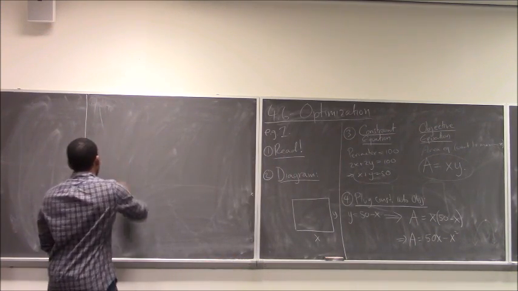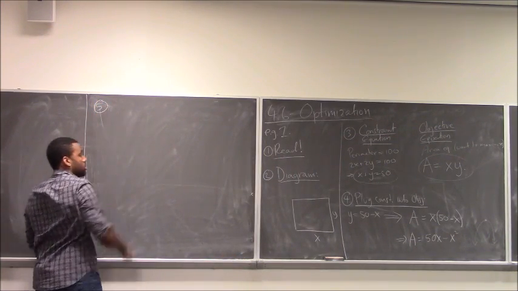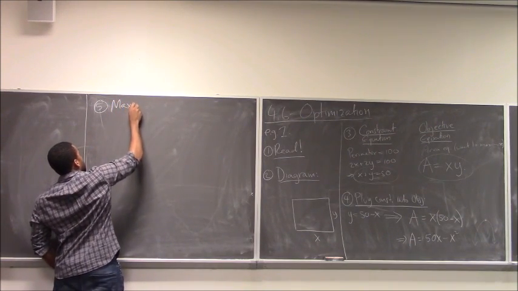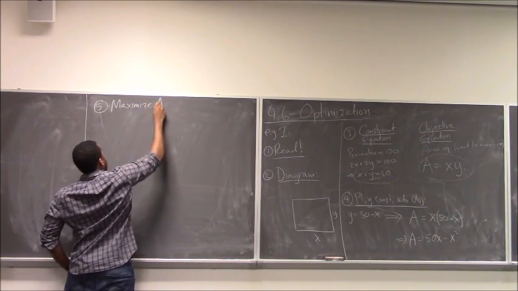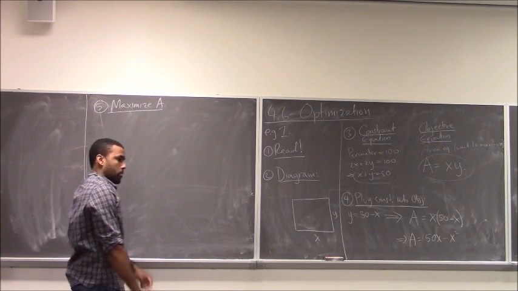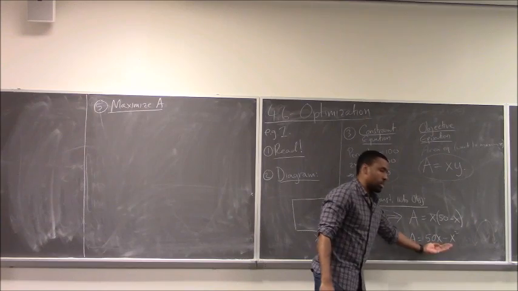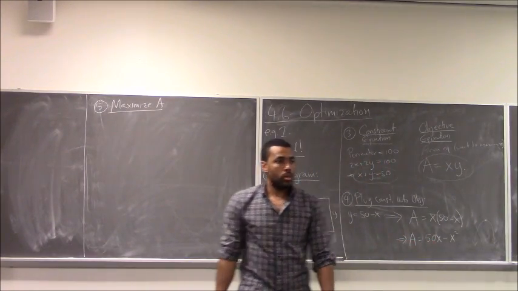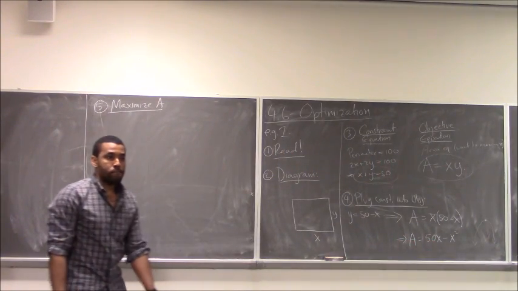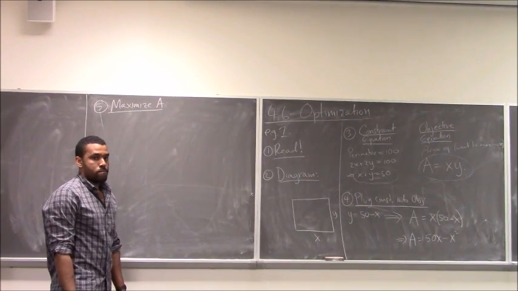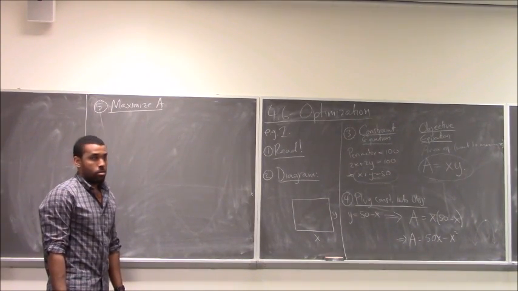Okay, so now step 5 is we want to maximize A. How do I maximize this function? How do I find the maximum? Find the derivative.